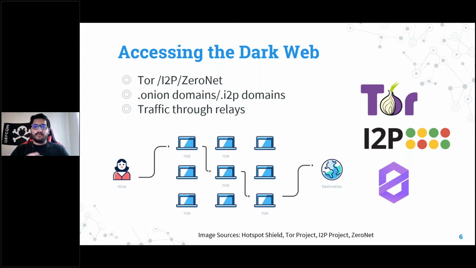You can imagine the onion. The domain for the dark web is 16 hexadecimal characters, and then .onion. To access the dark web, you need to have the Tor browser, or Tor as a command line tool.